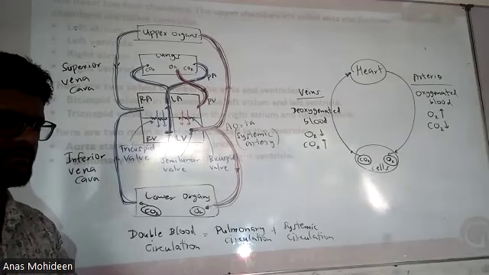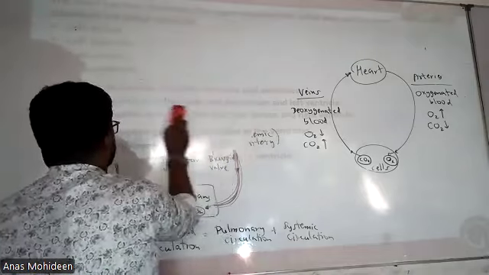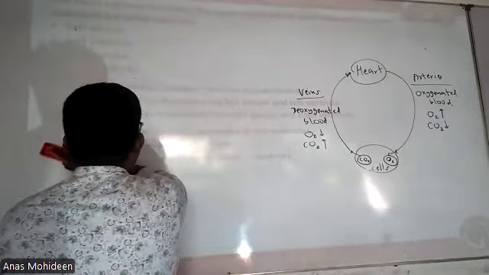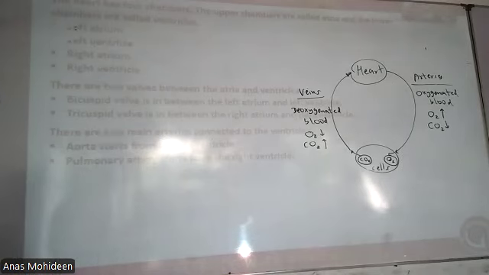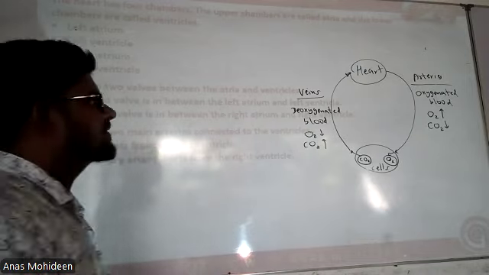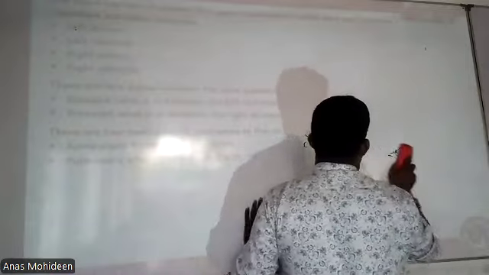Okay, Krishna. So what are the four chambers? Left atrium, left ventricle, right atrium, right ventricle. And then there are two valves between the atria and ventricles. What are they? Bicuspid valve between the left atrium and left ventricle.